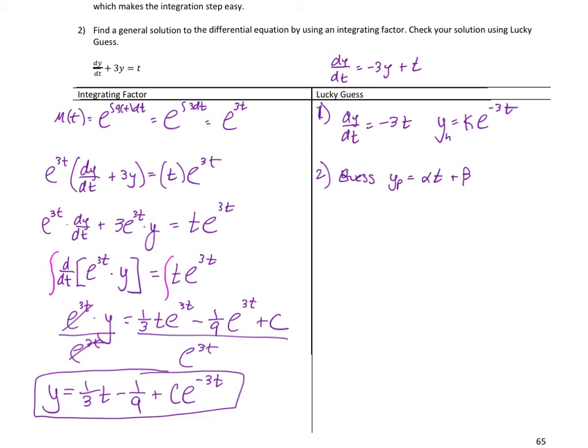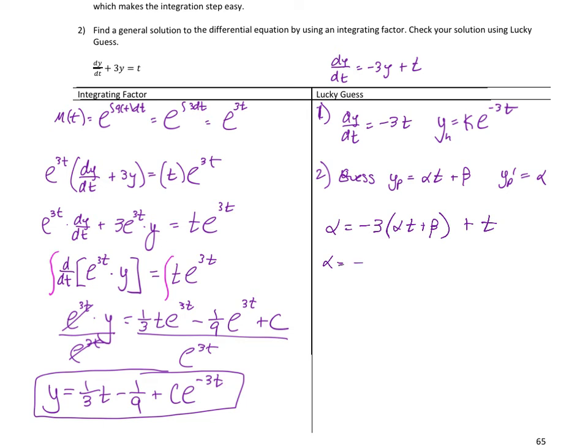And then I have to take the derivative. Y particular prime would be alpha. And then I'm going to plug into this differential equation and see if I can find an alpha that will make it true. So dy/dt, that's alpha, equals negative 3y, so negative 3 times my y particular guess, alpha t plus beta, and then plus t.